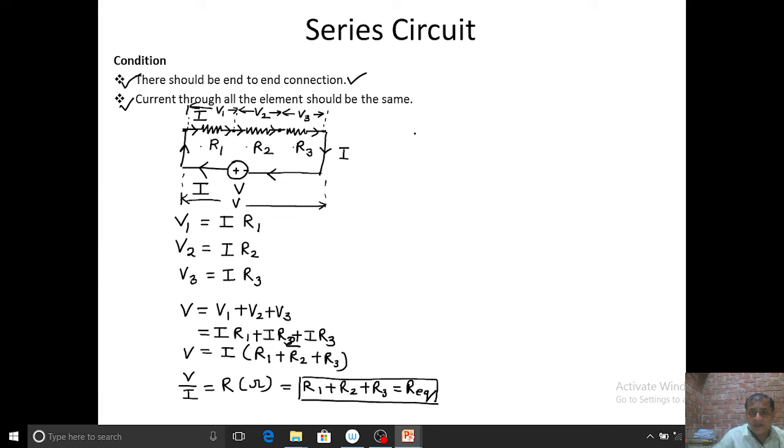Okay, now generalize this series circuit. How to generalize?